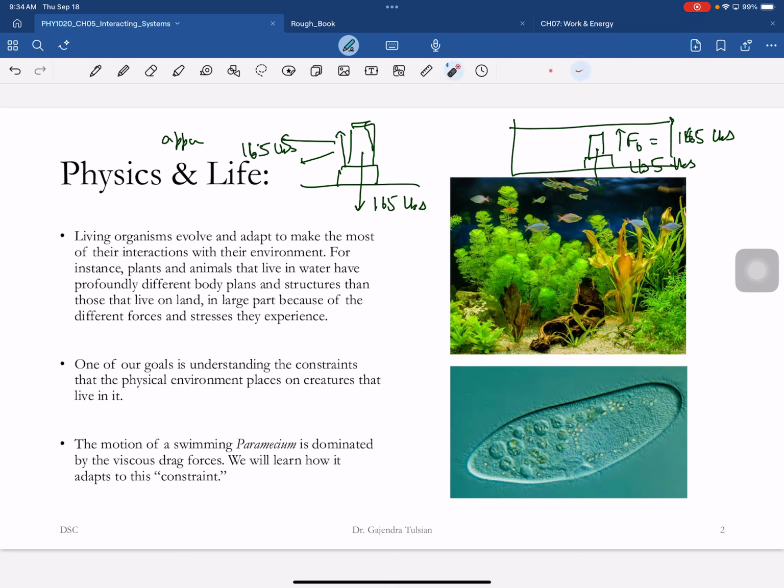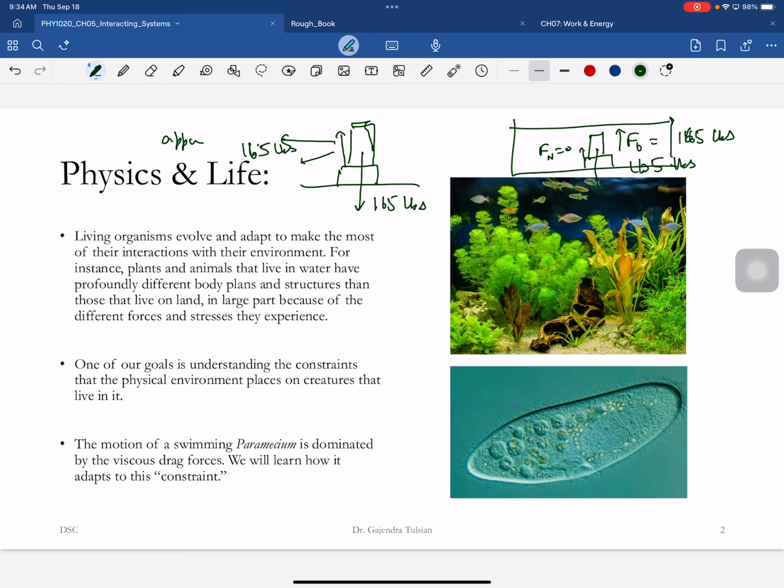Okay, the net force on me has to be zero. The earth is pulling me down, and the water is pushing me up. So now the scale is not pushing me up at all. The push of the scale is almost zero. My apparent weight is zero. So if I lived underwater, I wouldn't need a strong skeleton.